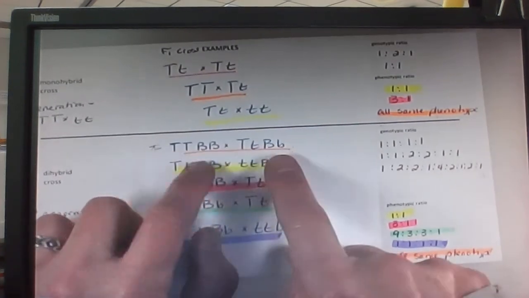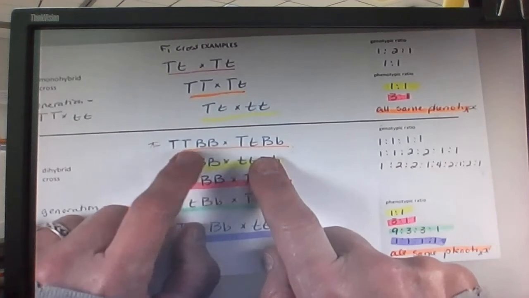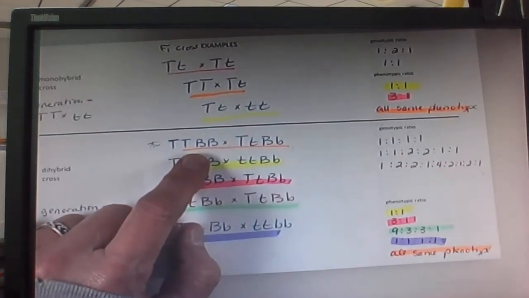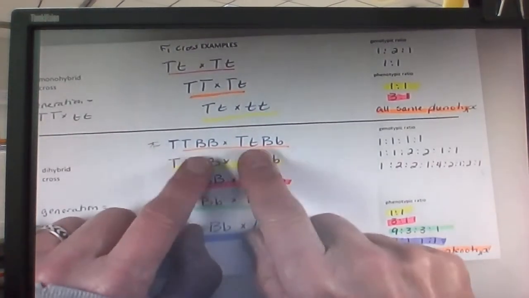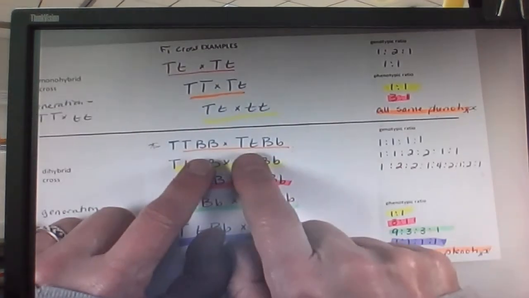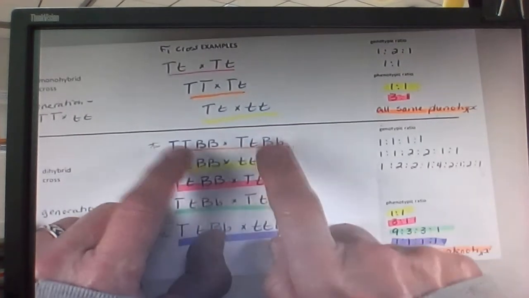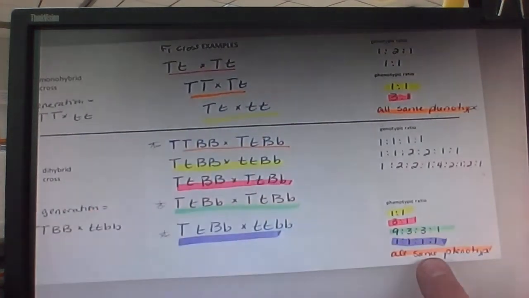Right. This parent has recessive alleles that they pass on, but this parent doesn't. I will never see a recessive phenotype showing up when I have these two parents. So that should be a really easy phenotypic ratio to spot, just simply because you don't have to do any work for that. It's always going to be dominant. They'll all be the same.